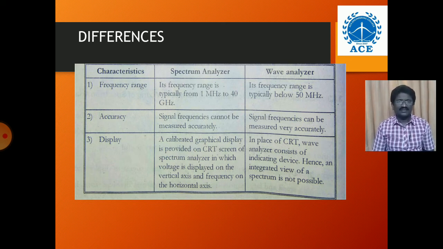So first I will take the first characteristic as frequency range. In spectrum analyzer, the frequency range is typically from 1 megahertz to 40 gigahertz. Whereas in wave analyzer its frequency range is typically below 50 megahertz.